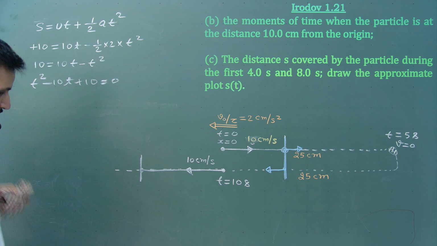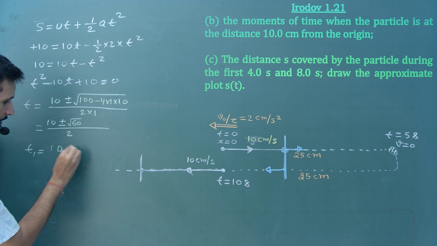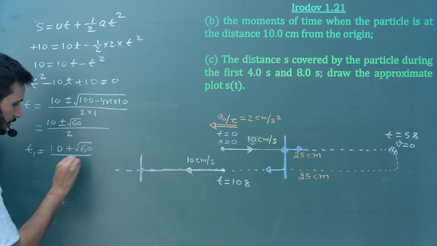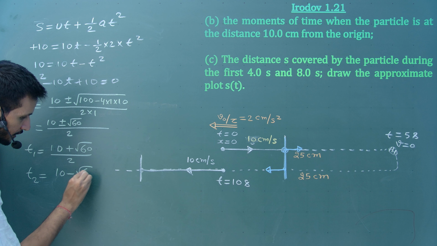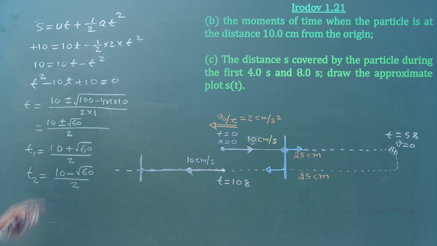So t equal to minus b plus minus under root b square minus 4ac, divided by 2a. So it comes out 10 plus minus root 60 divided by 2. So one time is 10 plus root 60 divided by 2 and the other time is 10 minus root 60 divided by 2. So these are the two times.